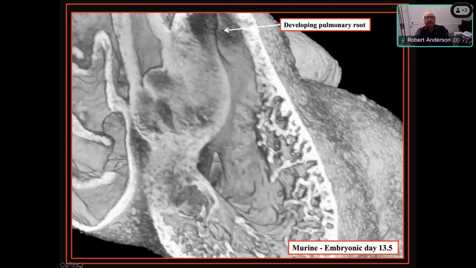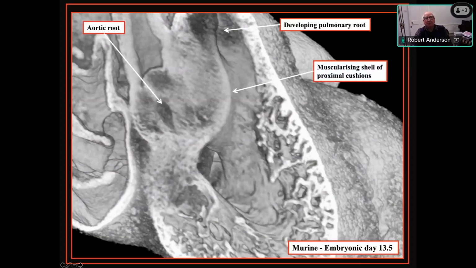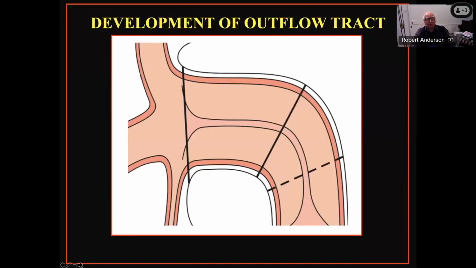And then it is the muscularization of the shell of those proximal cushions that forms eventually the freestanding subpulmonary infundibulum, separating itself from the aortic root with closure of the aorto-right ventricular communication, putting the aortic root into the left ventricle. So it is separation of that muscularizing shell that will give us the freestanding subpulmonary infundibulum.